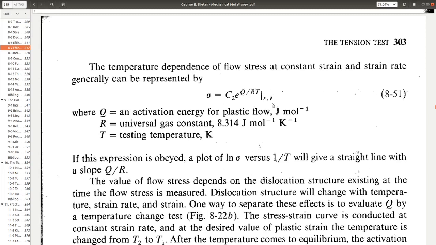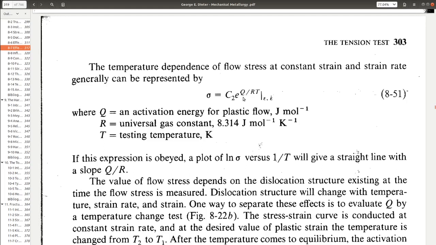Okay, so for a constant strain and strain rate, the influence of temperature on the flow, the yield stress, is given by this equation. Where Q is known as an activation energy, and for two different temperatures, if I know what sigma is for each temperature at constant epsilon and epsilon dot, from that we'll be able to calculate what is Q and what is C2, because this R is just the universal gas constant.